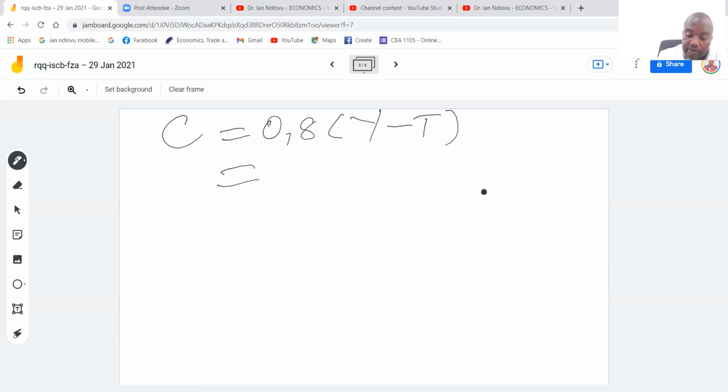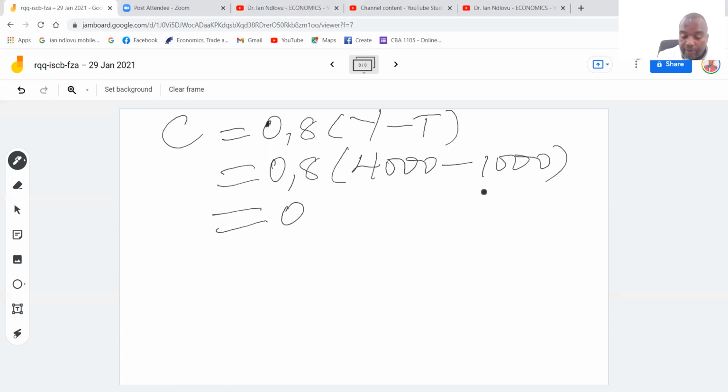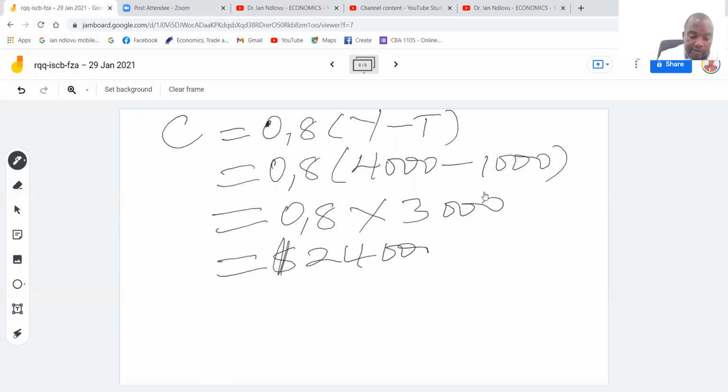Substituting the values that we now have after calculating the equilibrium, we get 0.8 times Y being 4,000 minus 1,000, which is our level of taxation. And we get 0.8 of 3,000, which gives us 2,400, being our aggregate consumption.